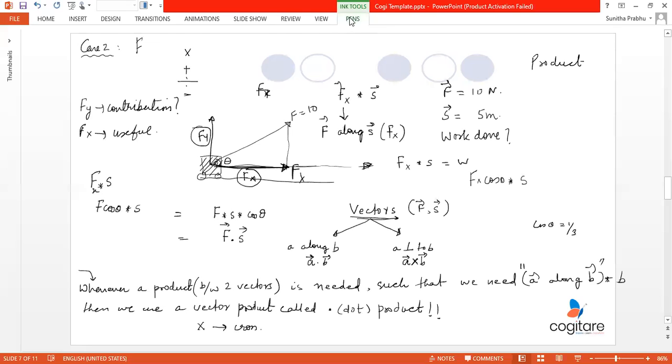This particular thing is called vector algebra. You are going to do many things with this. We are not going to discuss too much in detail. What I am telling is just introduction.